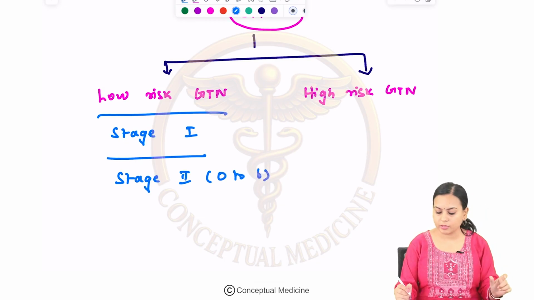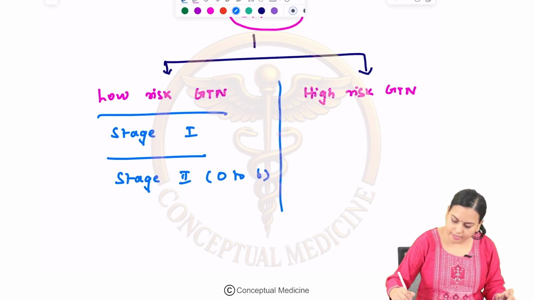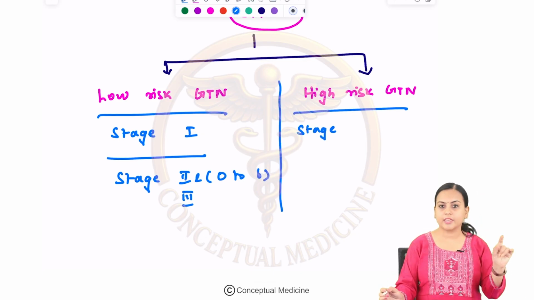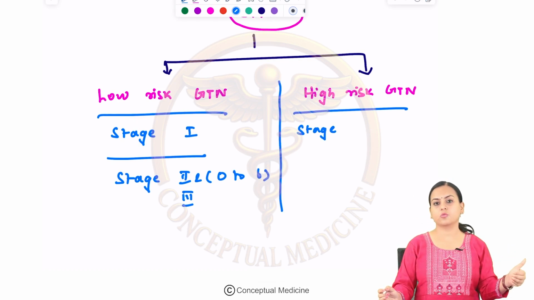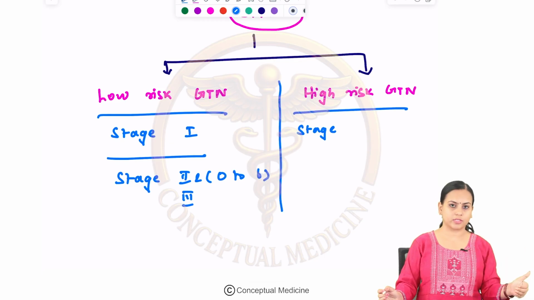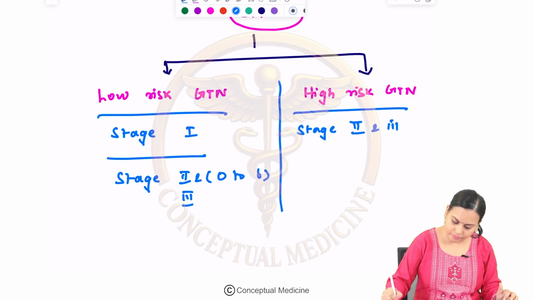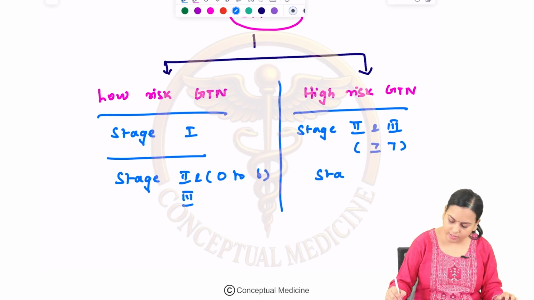High risk means stage 2 and 3 which take a WHO score of more than 7, and this also includes stage 4.